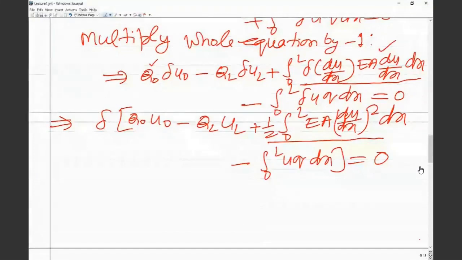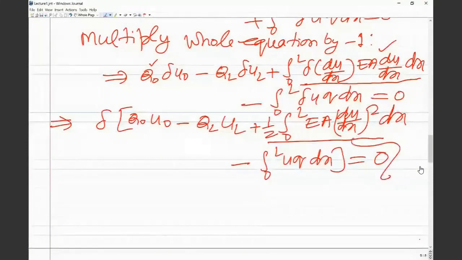Now see what we are doing: we are taking this variational operator delta common. If you take it inside, the first term gives simply Q naught into delta U naught, the second term gives minus QL into delta UL, and the third term gives integral 0 to L delta of du by dx into EA into du by dx dx.